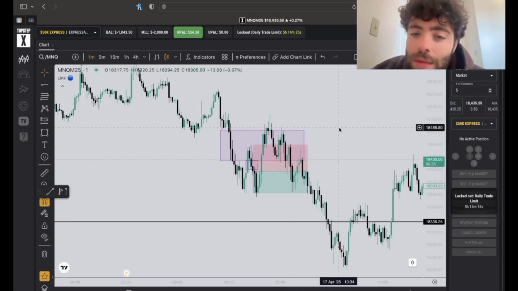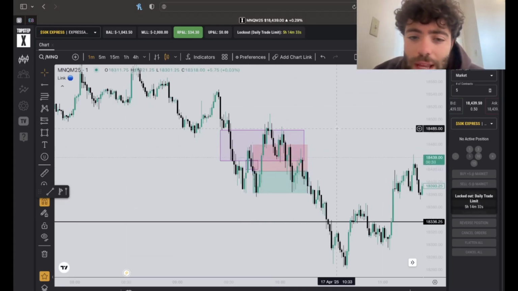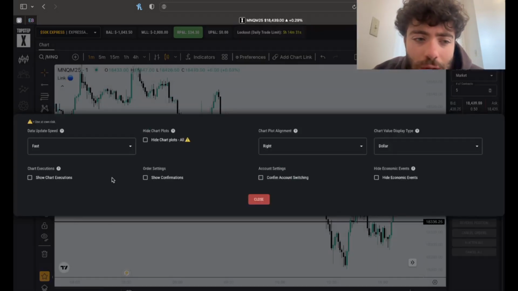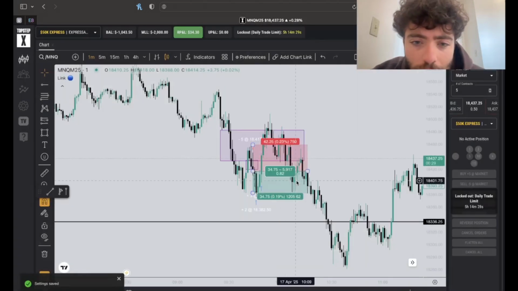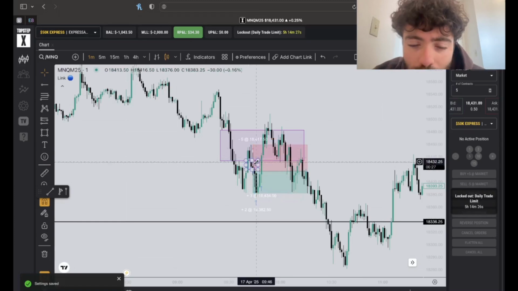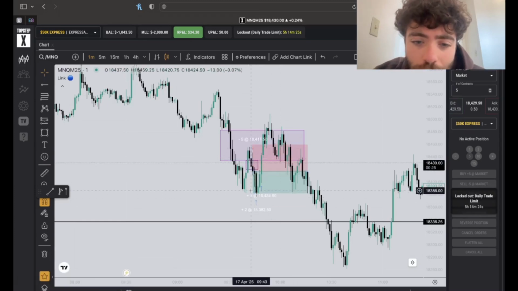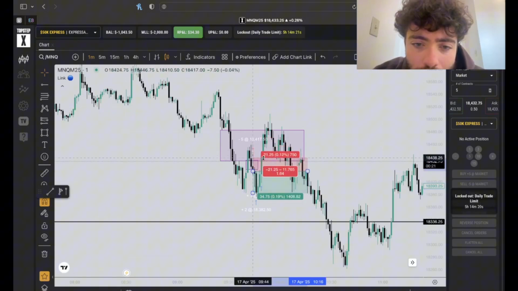So I kind of made a little mistake because, let's go on, I'll show you guys. I sold 5 micros, but I took 3 off once we took this low and moved stop to above this 1 minute inversion.